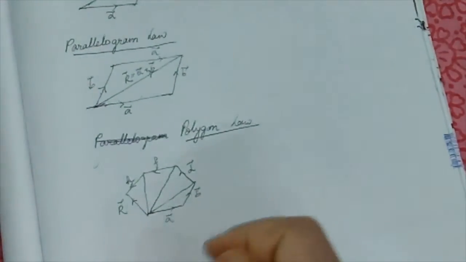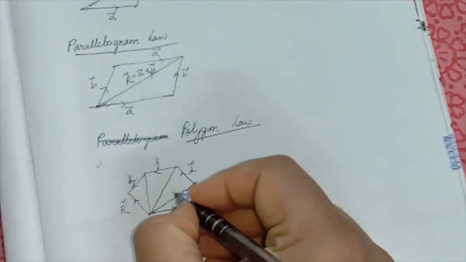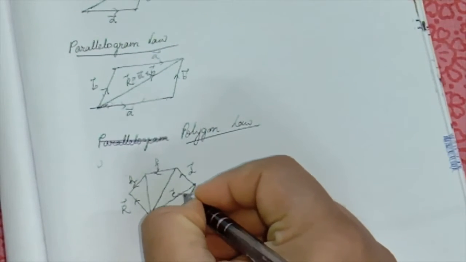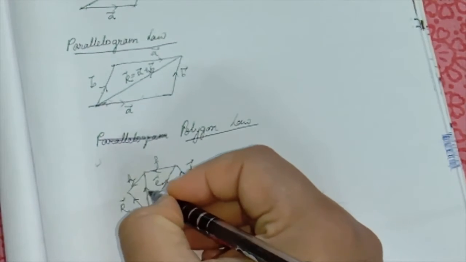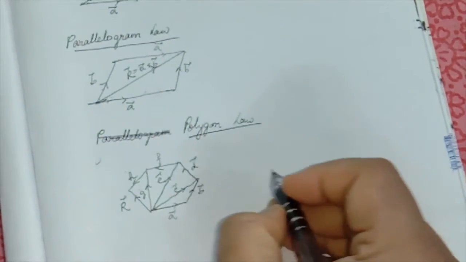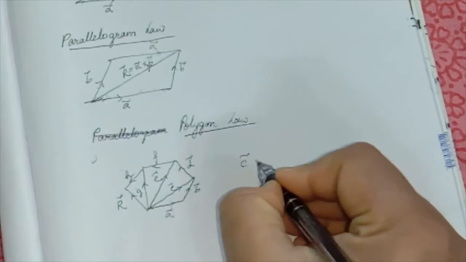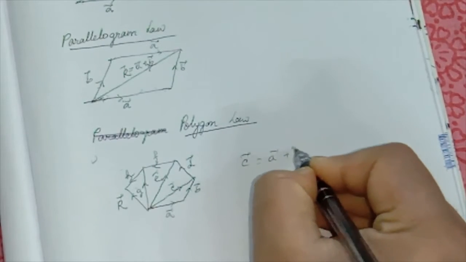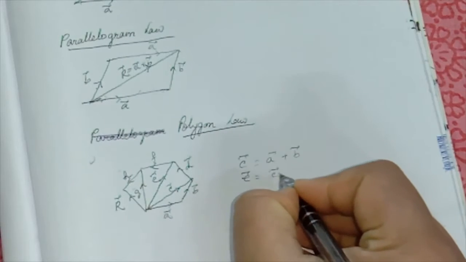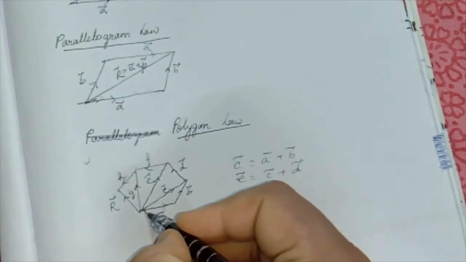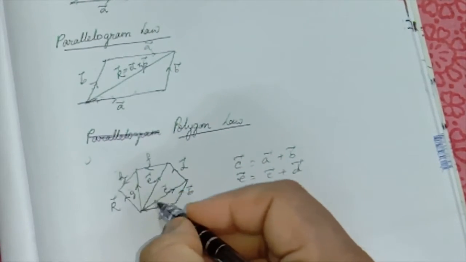Now we will see. Let this be the C vector taken in this side, this be E vector taken along this side, this be G vector. Now C vector equals A vector plus B vector. Again E vector equals C vector plus D vector. You can see that in each section we are applying the triangle law.